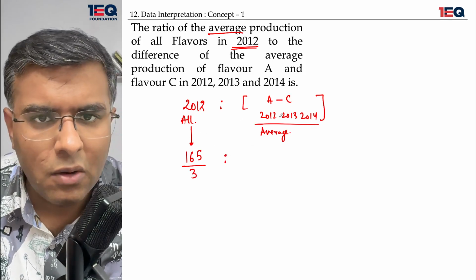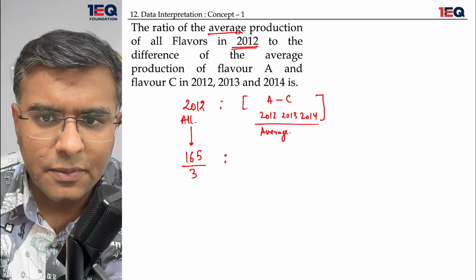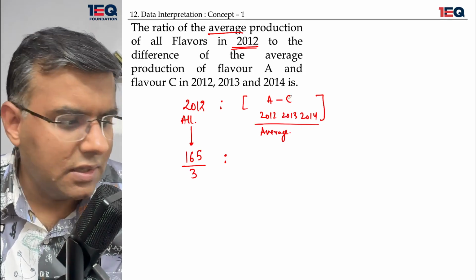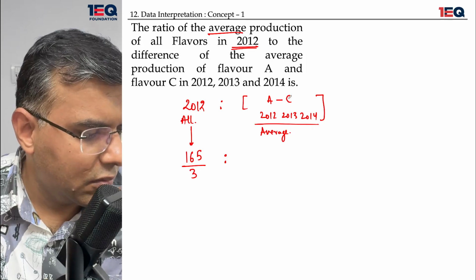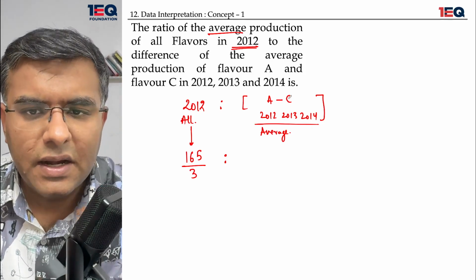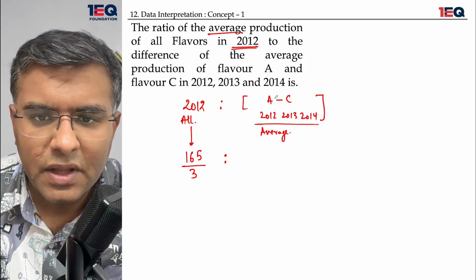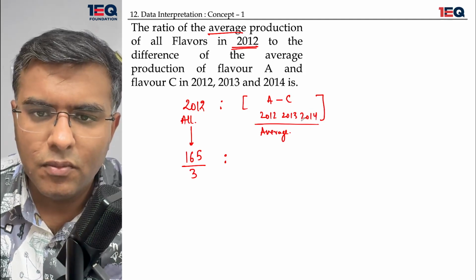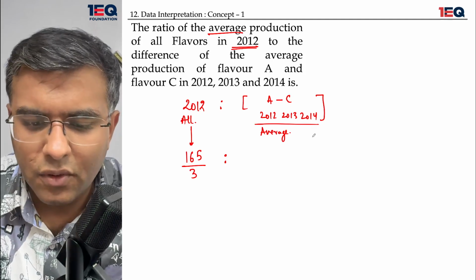Left side is done. Now we'll talk about the right hand side. The right hand side says A minus C and the average of 2012, 13, and 14.